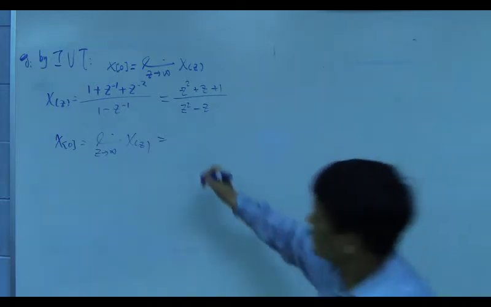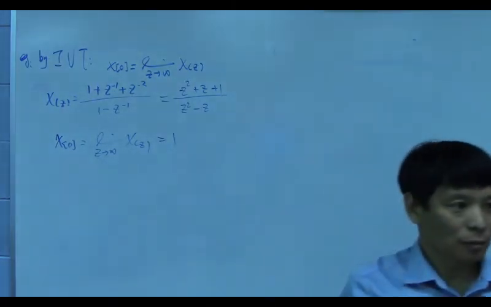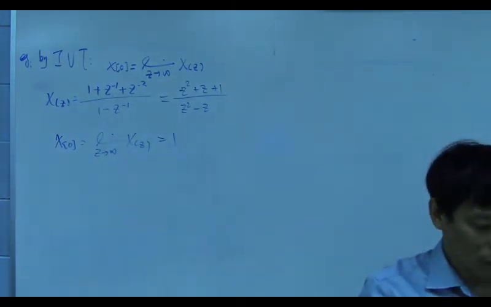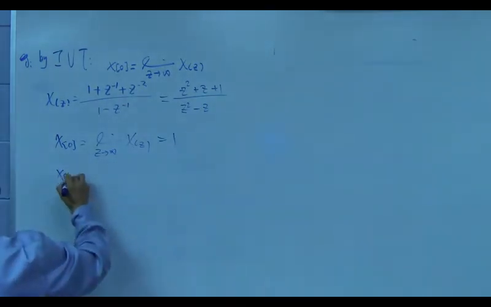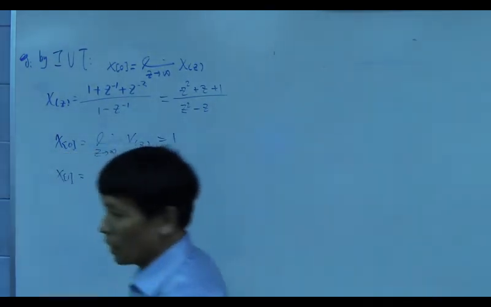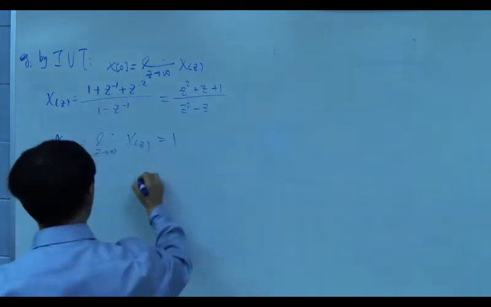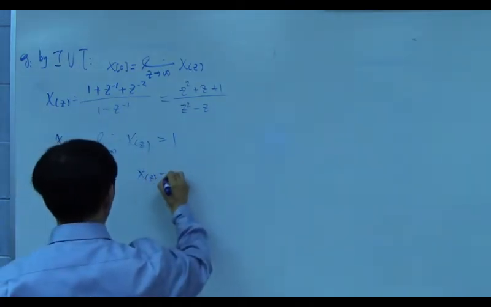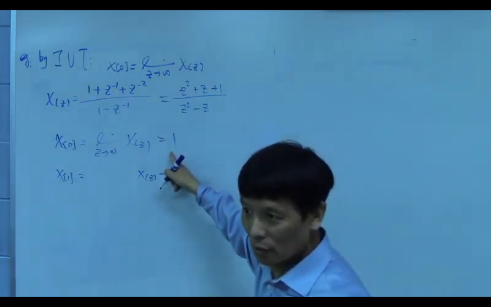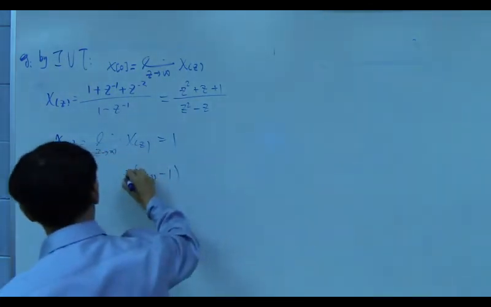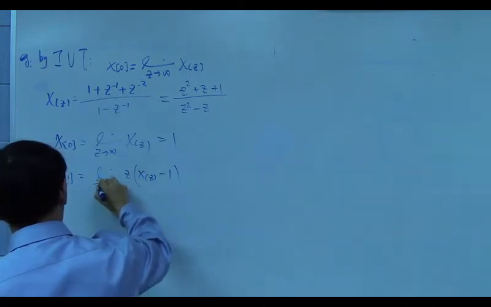It equals 1. Okay, this one equals 1. The next one is, what is x1? From the initial value theorem, x1 equals the limit as z goes to infinity of X(z) minus x0, that is minus 1, then times z.